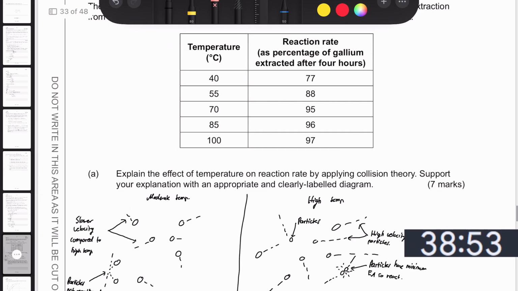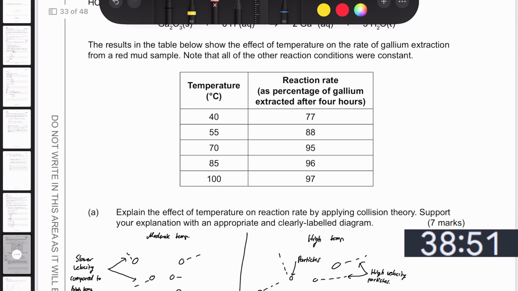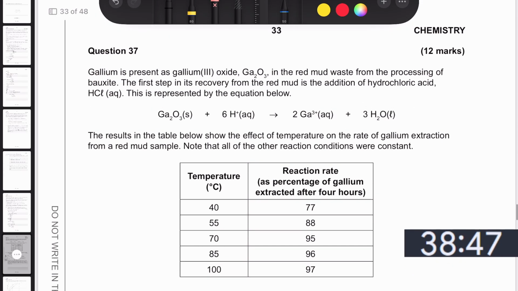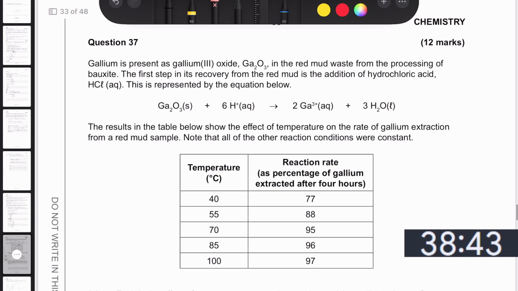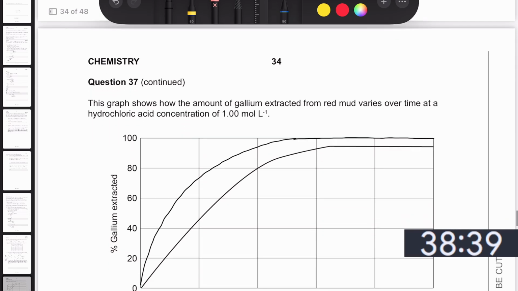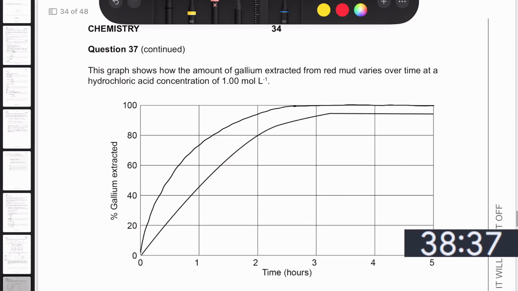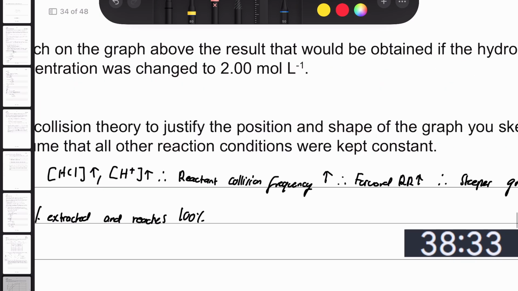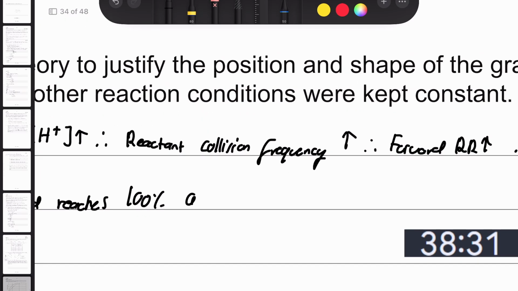Does it say here that the gallium doesn't reach 100%? Reaches 100% as there are sufficient reactants to go to completion.